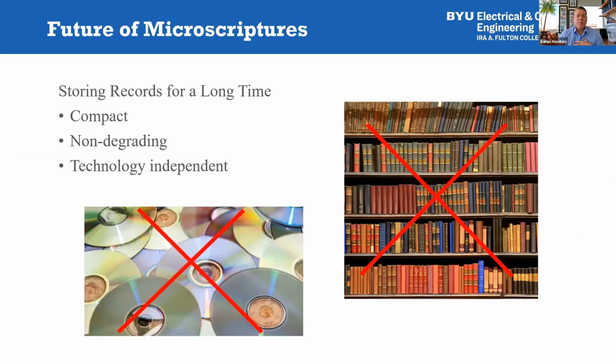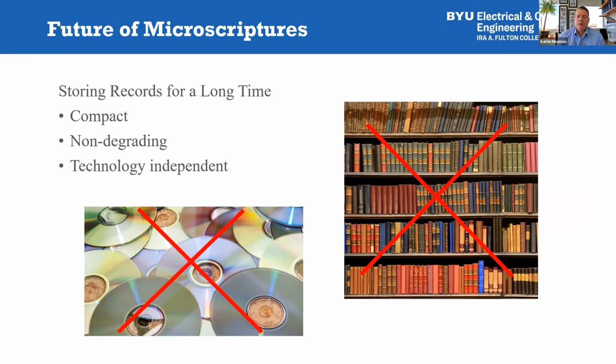Now, another possible application of microscriptures or micro books would be storing records for a long time. Let's say you wanted something that would last for not only years, but millennia.